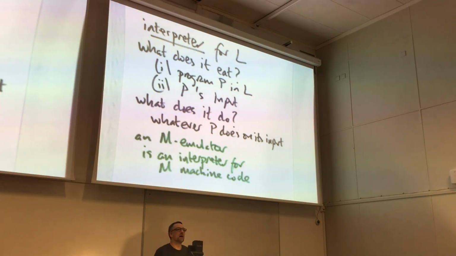I write a program in tiny assembly language, and I have an assembler for tiny that will translate it from tiny assembly language to tiny machine code.